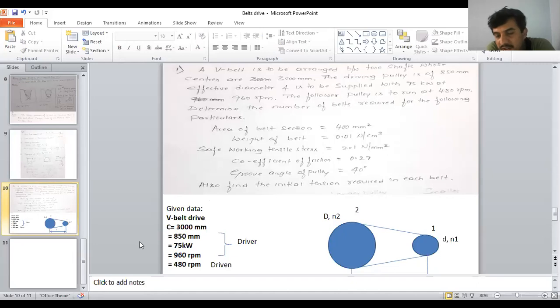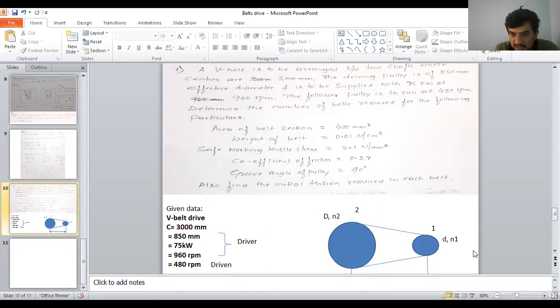If anyone knows the answer, please unmute yourself and tell me the answer. Yes, am I audible? The screen is visible. One is driver, two is... smaller or larger?